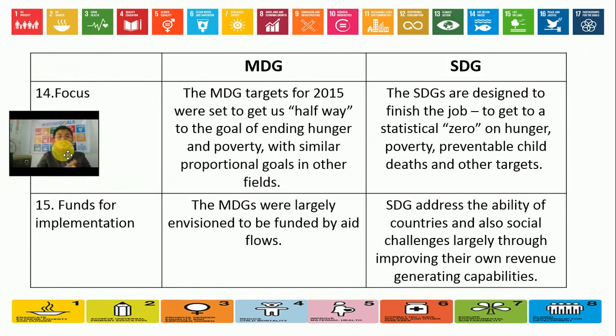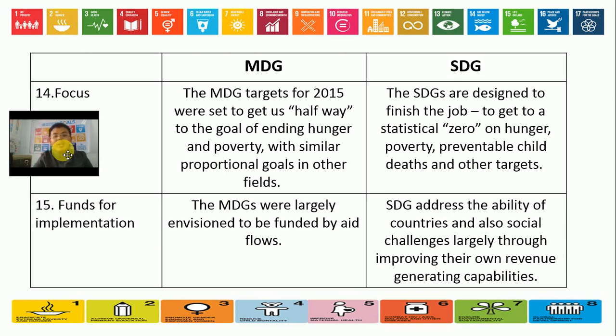That means the MDG were focused on reducing the problems, not eradicating them, while the SDG were designed to finish the job, that means reduce to zero, to get the statistical zero on hunger, poverty, preventable child death, and other targets. As we know from the different goals of the SDG, there is a focus on zero hunger and zero poverty, while in the MDG, goals were made to reduce poverty.